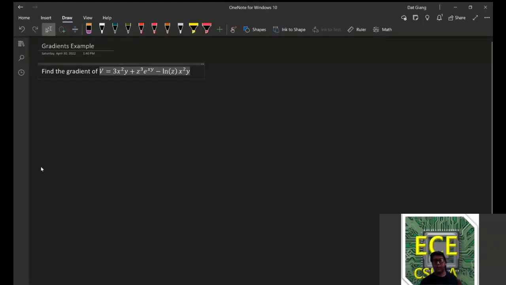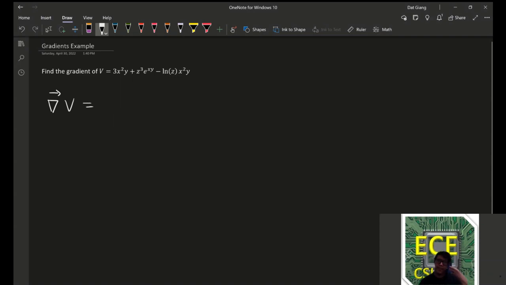Okay, so now we're going to be exploring how we are going to do gradients. Here we're asked, find the gradient of this following scalar field. All we have to do is first set up the following equation.